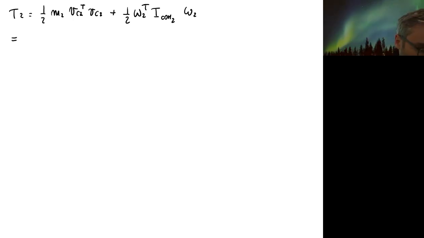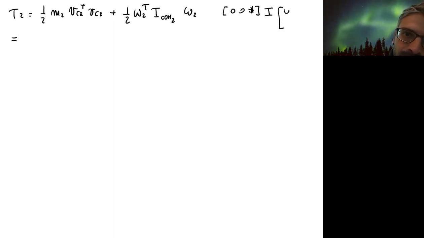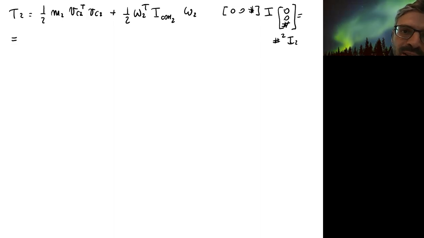Now you will see that if we put omega in a quadratic form, and omega has the first two elements equal to 0 and the third one not, you will get something like this: this number squared times the component I, z, z.